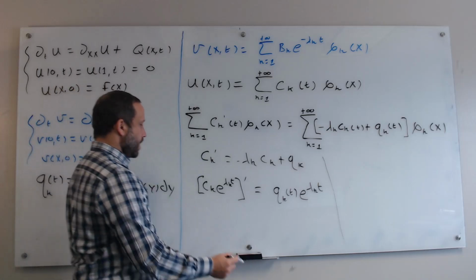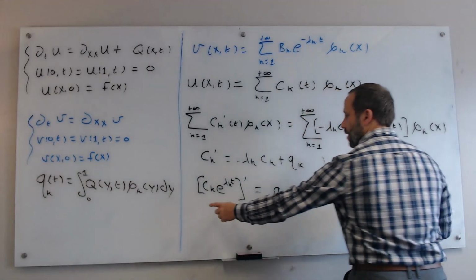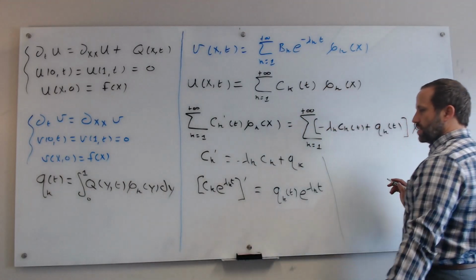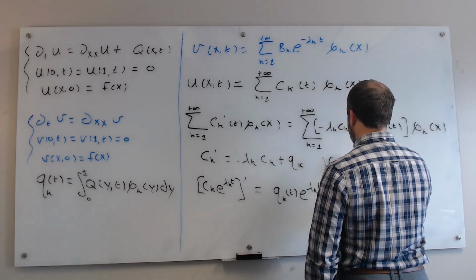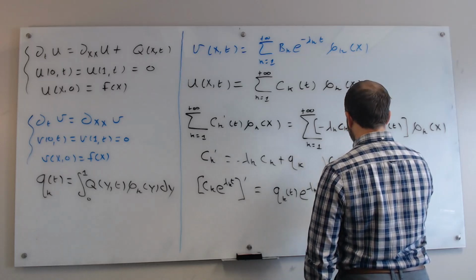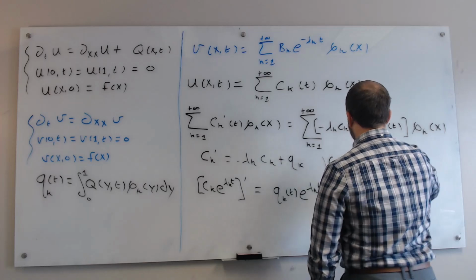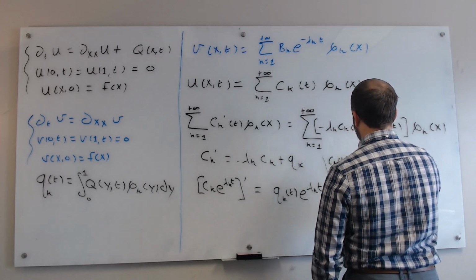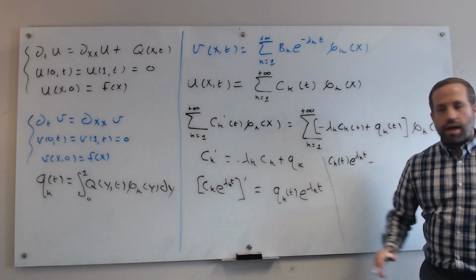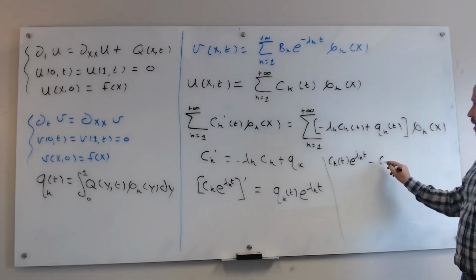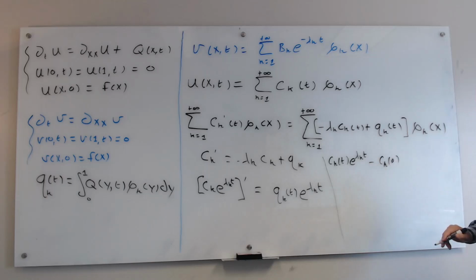When we do the integration over here, when I integrate this from 0 to t using the fundamental theorem of calculus, it's going to be ck of t e to the lambda kt minus that evaluated at 0, which is just going to be ck of 0.